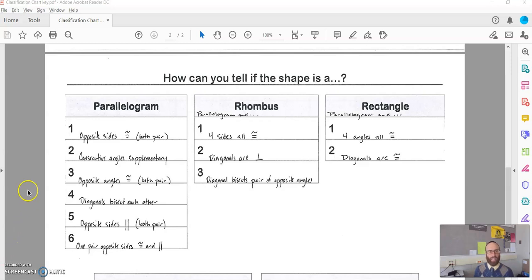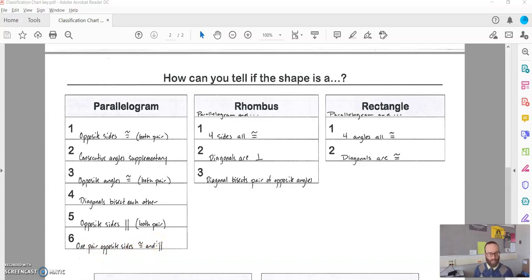All right, so here they are again. Opposite sides are congruent, both pairs. Consecutive angles are supplementary. Opposite angles are congruent, both pairs. Diagonals bisect each other. Opposite sides are parallel, both pairs. And then this one pair of opposite sides, congruent and parallel.